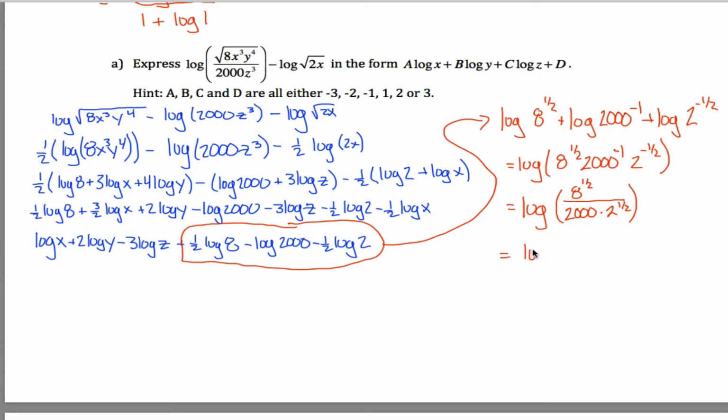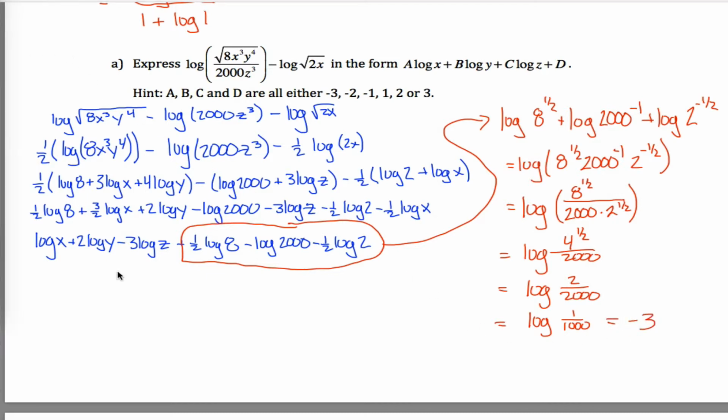So I have the log of 8 to the 1/2 divided by 2 to the 1/2, which is just 4 to the 1/2 over 2000. But 4 to the 1/2 is just 2. And 2 over 2000 is the same as 1 over 1000. And the log of 1 over 1000 is -3.